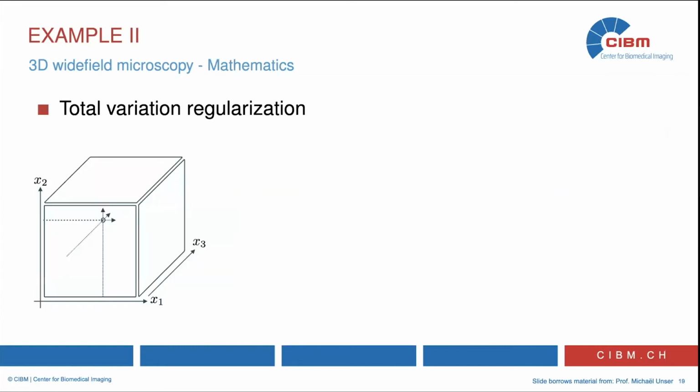And this is a very common technique in inverse problems for imaging, which is total variation regularization. So you basically think of the volume that you want to image, and you measure the change of direction in the 3 dimensions, and among all possible volumes that could explain the data that you got, you choose those that have less variation along these 3 axes.